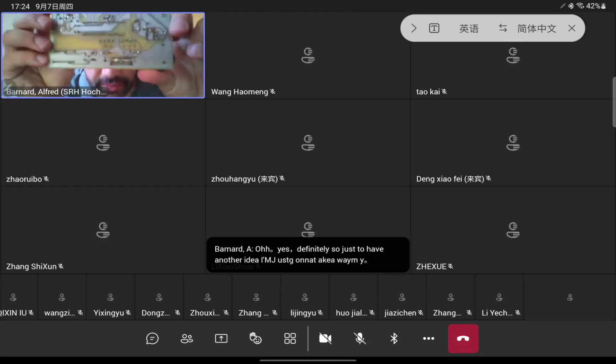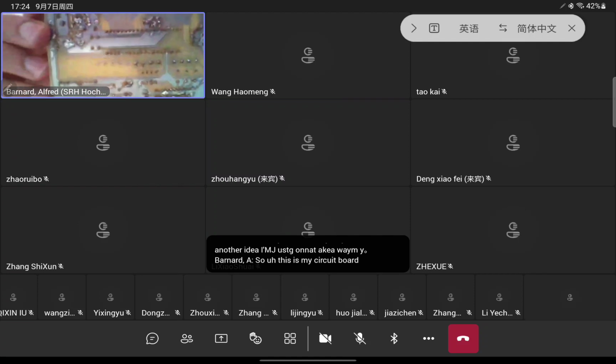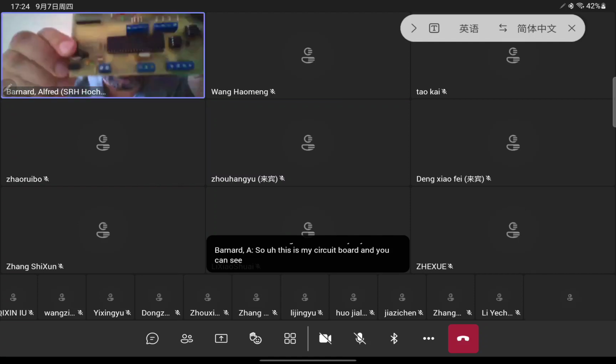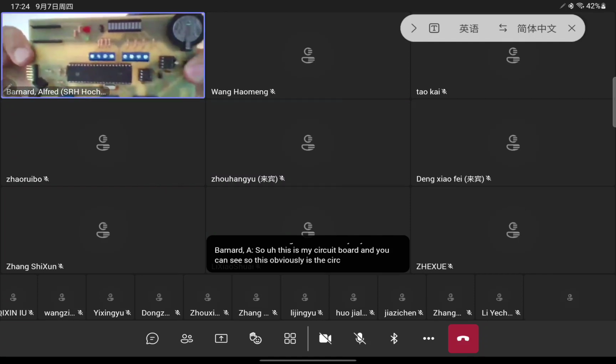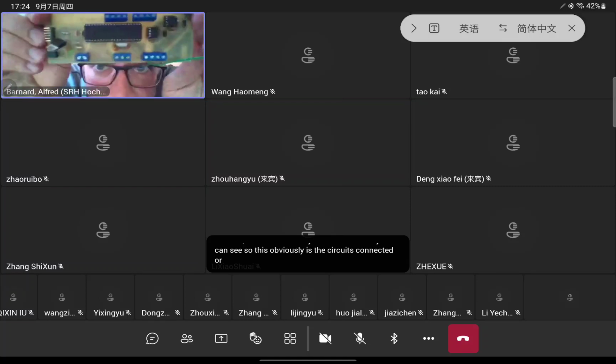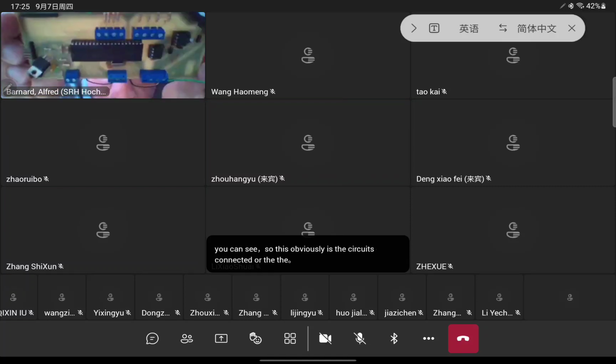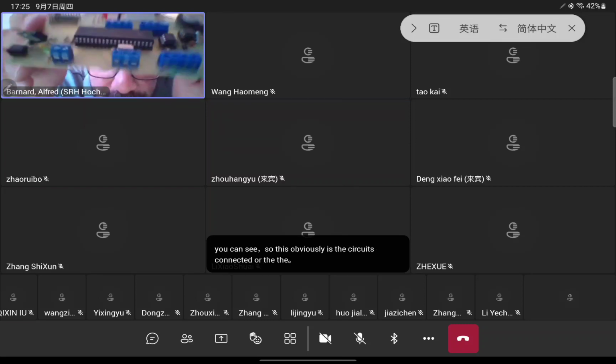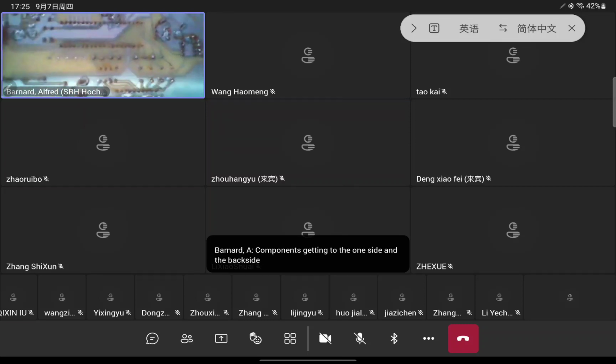So this is my circuit board, and you can see the components connected on the one side and the back side of my circuit board.